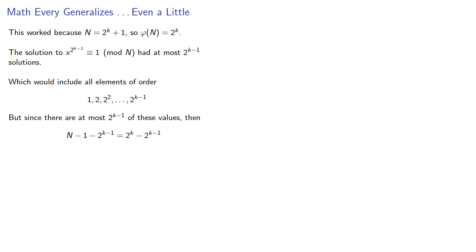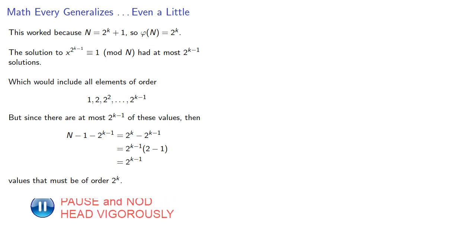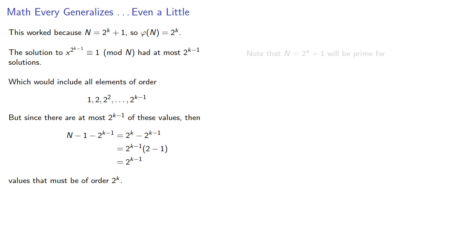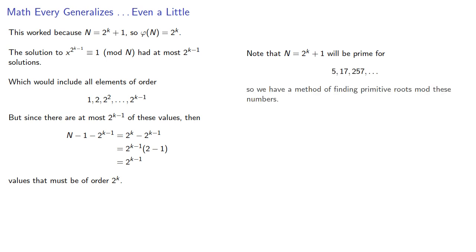That's 2 to the power k minus 1 values that must be of order 2 to the power k. Now, note that n equals 2 to the power k plus 1 will be prime for numbers like 5, 17, 257, and so on, so we have a method for finding primitive roots mod these numbers.